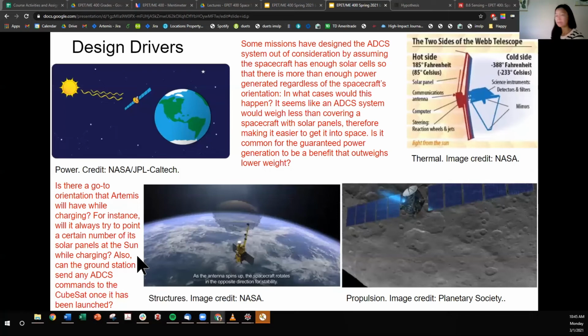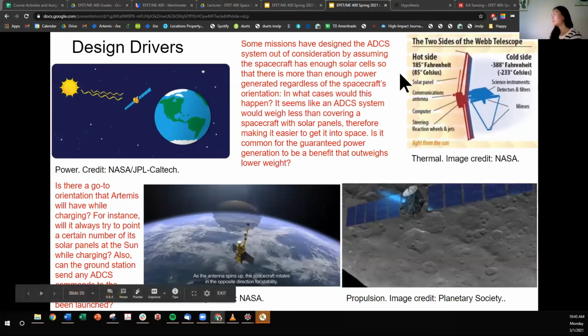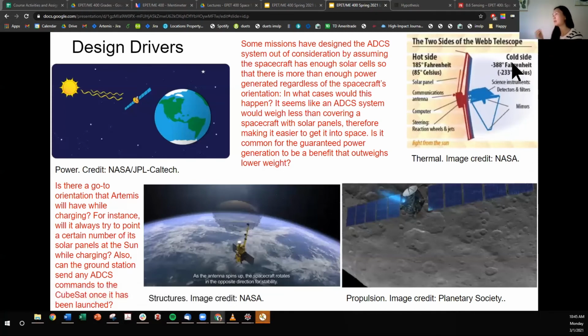Okay, other ways in which the subsystems can affect the ADCS. The thermal control, whether you have a spinner or whether you have a three degree of freedom attitude pointing requirement, could come from the thermal control system, like we talked about last week.